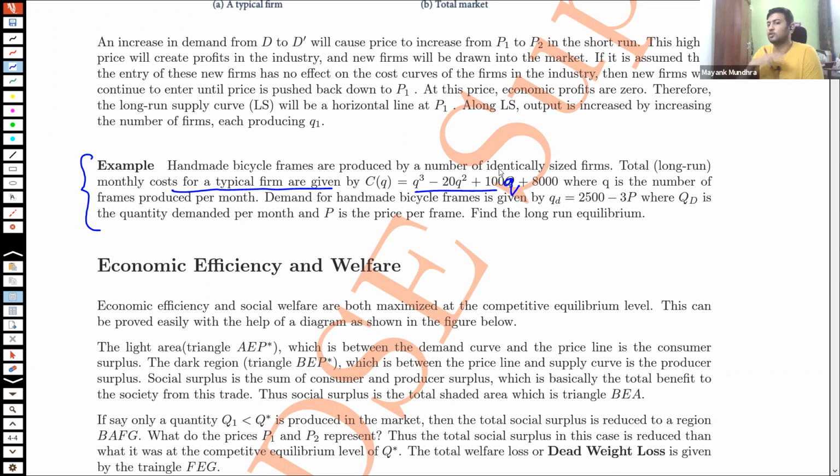It cannot be that you find some quantity which a firm wants to produce, but one of the firms does not have the capacity to produce it. Suppose in equilibrium, you get the result that each firm wants to produce 10 units of bicycles. So it should not be that one of the firms does not have the capacity to produce the required number of bicycles. That's the idea.